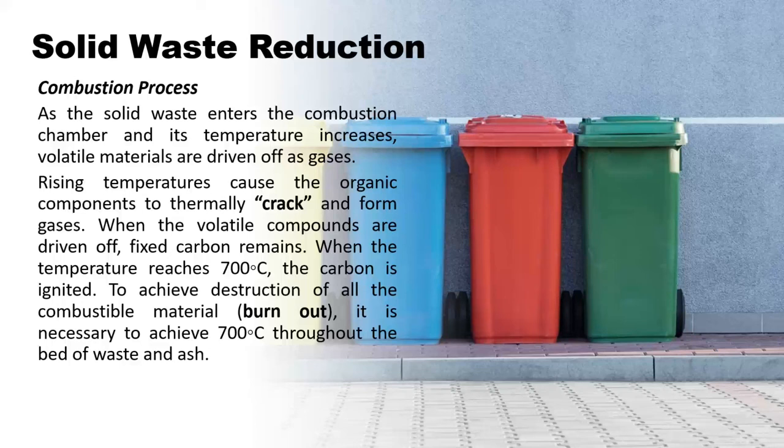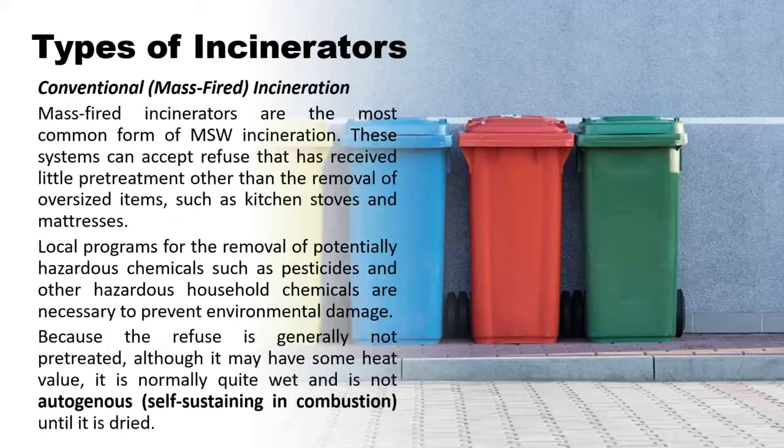When the temperature reaches 700 degrees Celsius, the carbon is ignited. Now, to achieve destruction of all combustible materials, or burnout, it is necessary to achieve 700 degrees Celsius throughout the bed of waste and ash. Now, to achieve the combustion process, we have different types of incinerators.